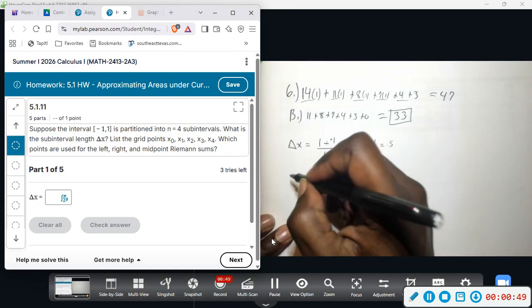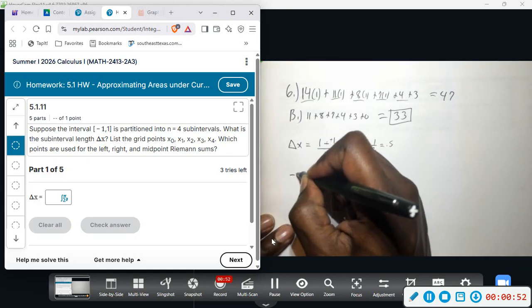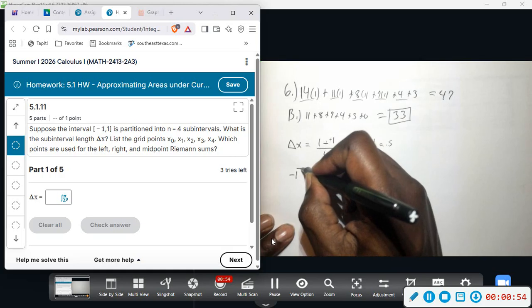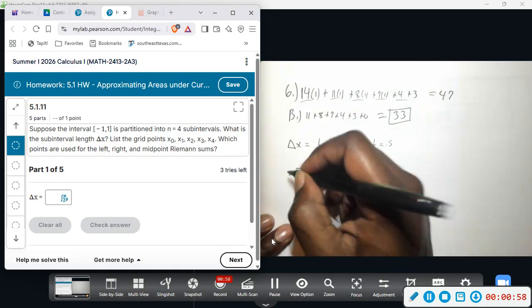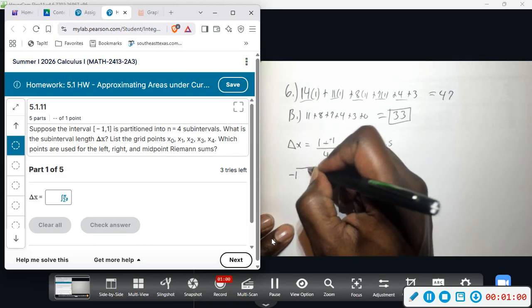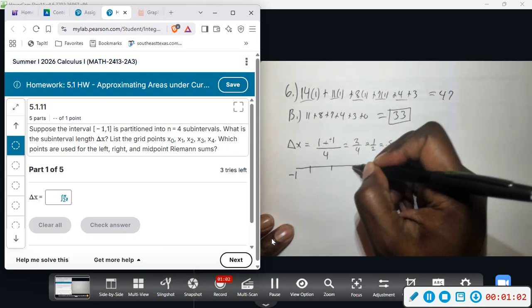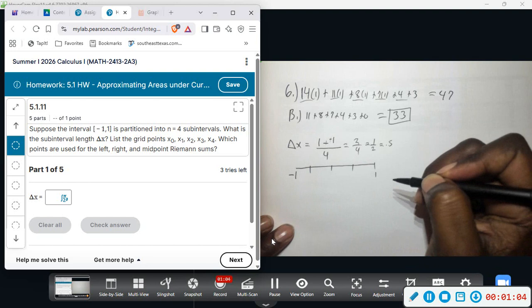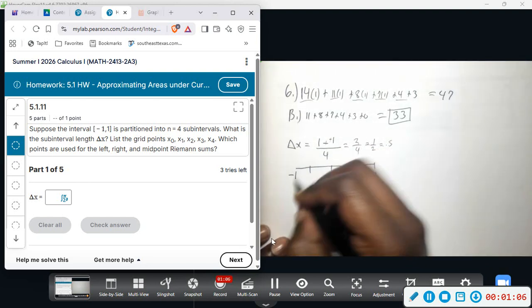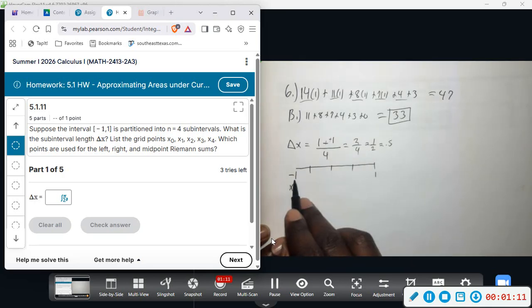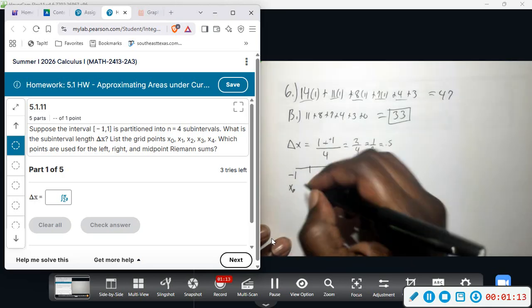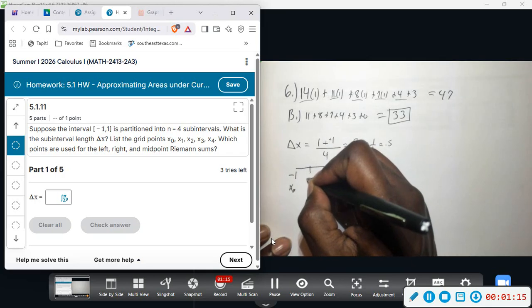Okay, so if we were starting from -1 going to 1, we would make 4 indentions. 1, 2, 3, and then our fourth one would land there. So this would be our initial point. We would start at -1 and we would go a half. So if I add a half to a -1, I would end up at -0.5.